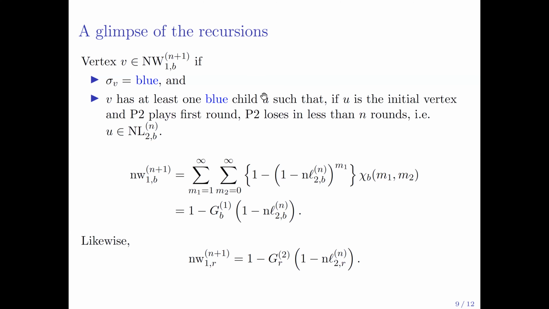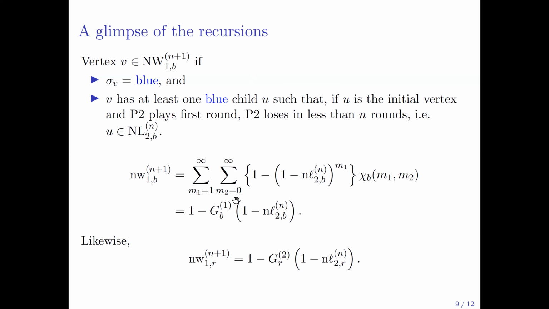So what does this mean? This means that U will have to belong to this set, capital NL, 2, B superscript n. This means that P2 playing the first round loses the game in less than n rounds. What I have done here is this is the probability that you have at least one child U of V which is in capital NL2B superscript n.